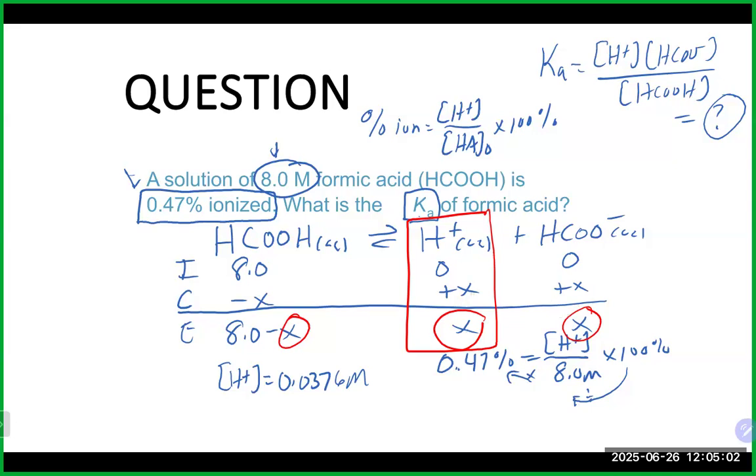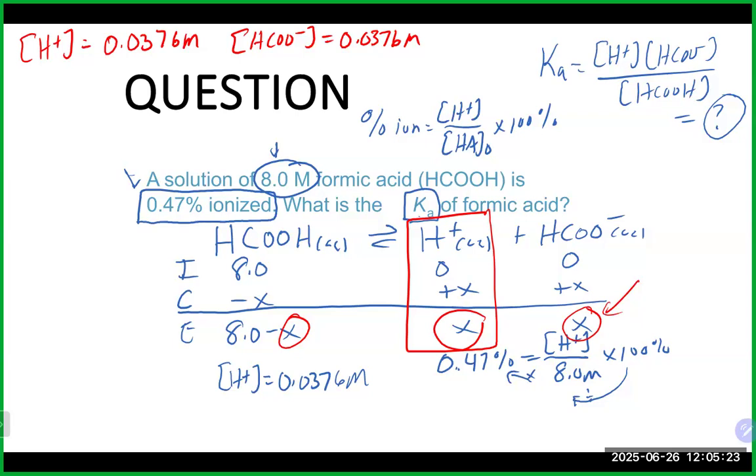In this case, that means that the concentration of H plus at equilibrium would equal 0.0376. The concentration of formate there will also equal 0.0376 molar, as that also equals x.